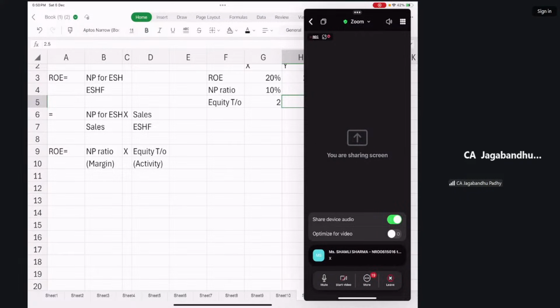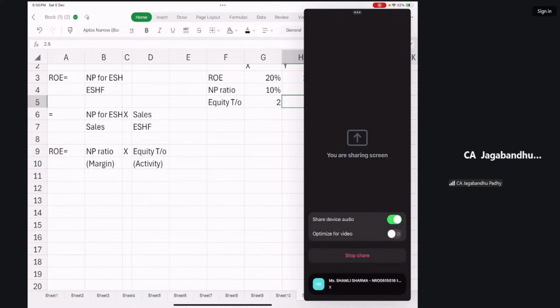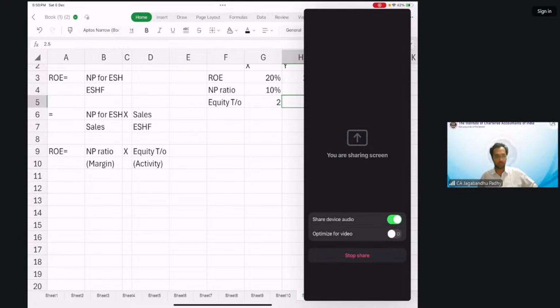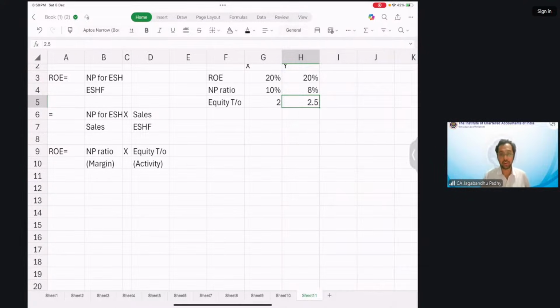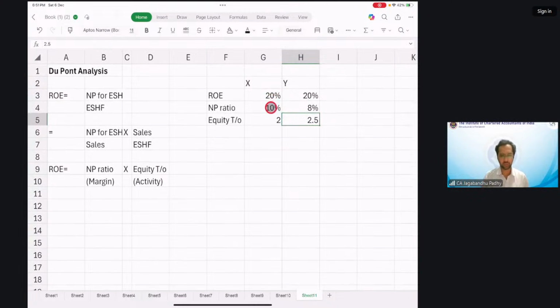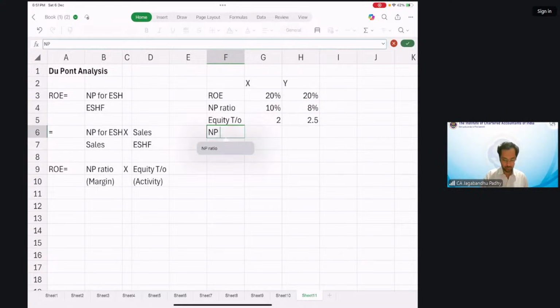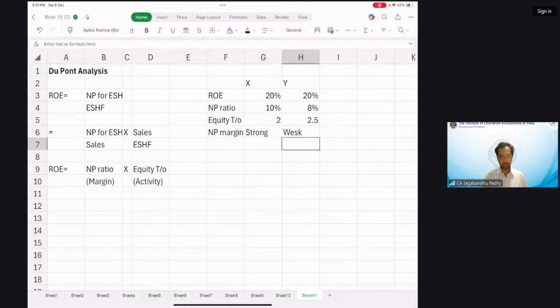When it comes to net profit margin, company X is strong, right? So company Y is basically weak. This is a strong point over here, whereas company Y is weak.